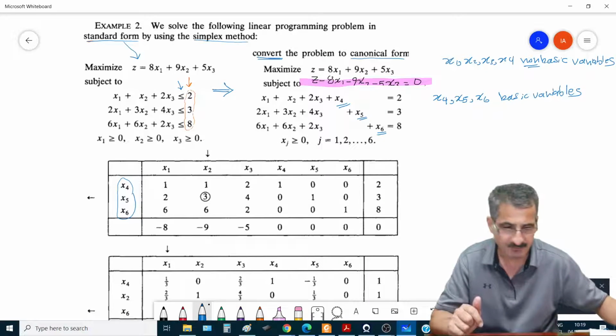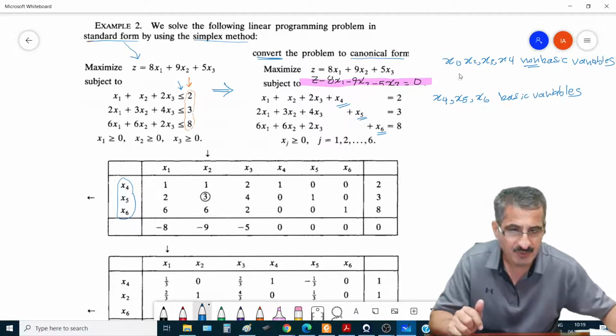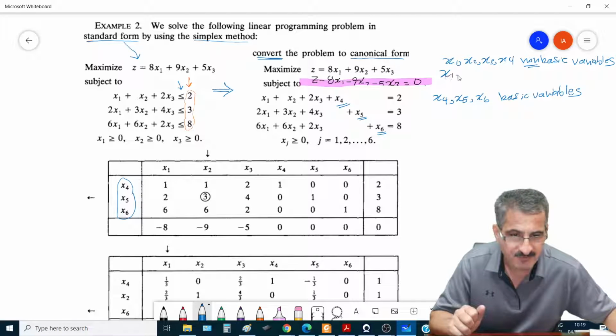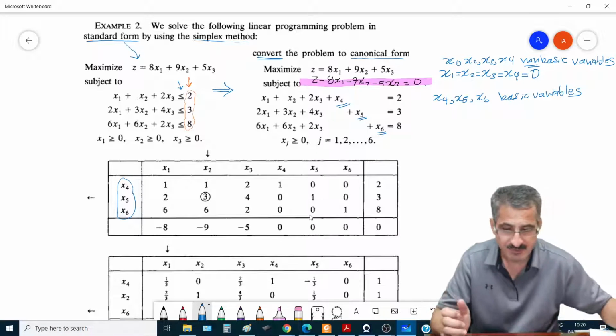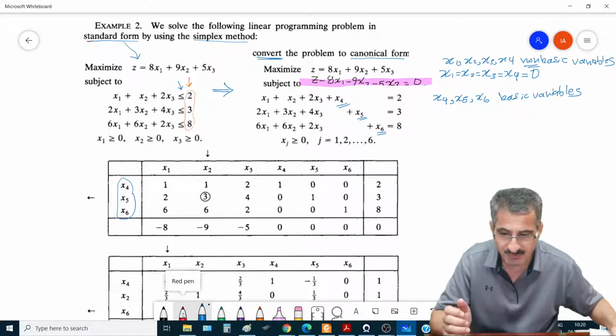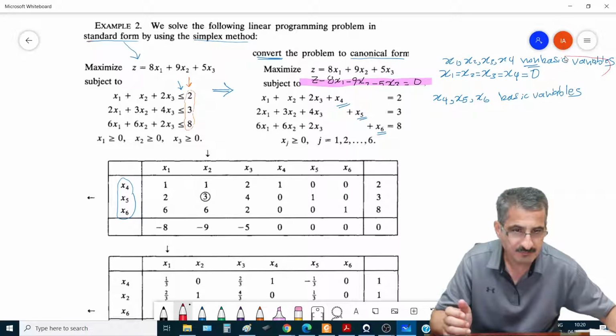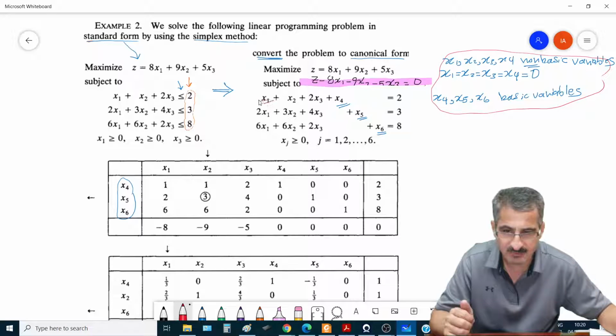Why are we doing so? The non-basic variables, we will make them all equal to 0. Remember that? Okay, these are the basic variables. Now if I make this equal to 0, this equal to 0, this equal to 0, what do I get? x4 equals 2.